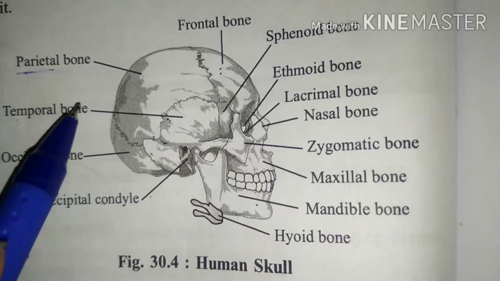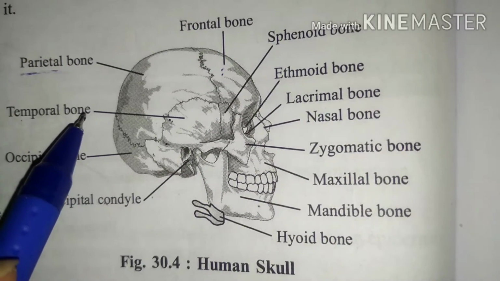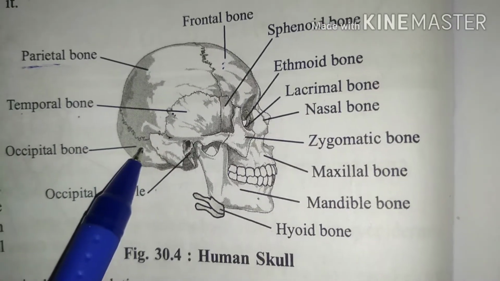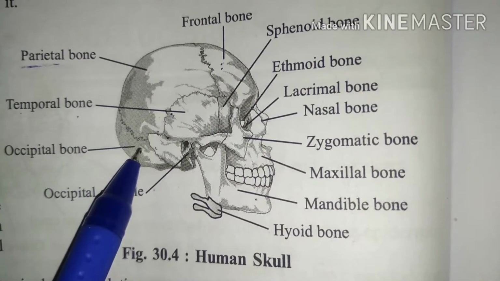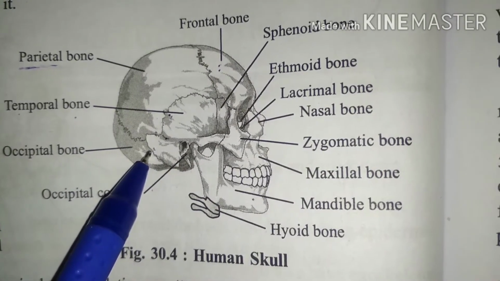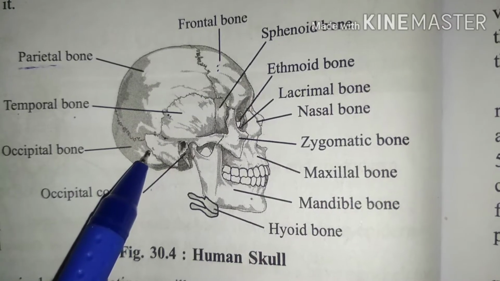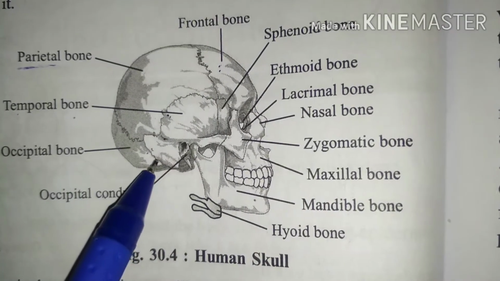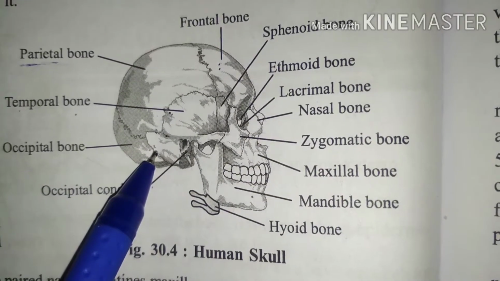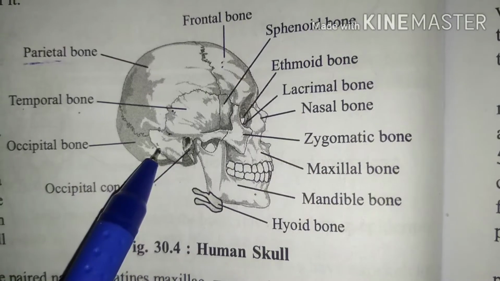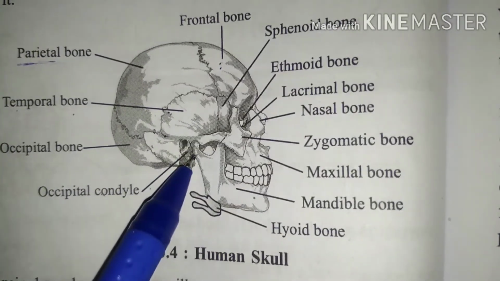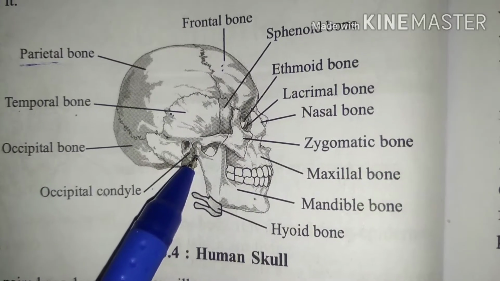Next bone, occipital, which is also single in number. It is located at the posterior part and most of the base of the cranium. A large aperture, foramen magnum, is in the inferior part of the bone through which the medulla oblongata connects with the spinal cord.